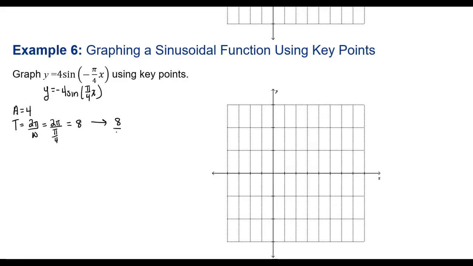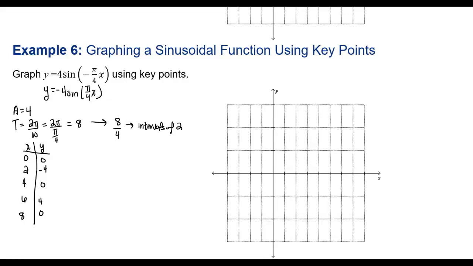We're going to divide that into 4 intervals, so our intervals are intervals of 2. So we have 0, 2, 4, 6, 8. And then we have 0, -4, 0, 4, and 0.